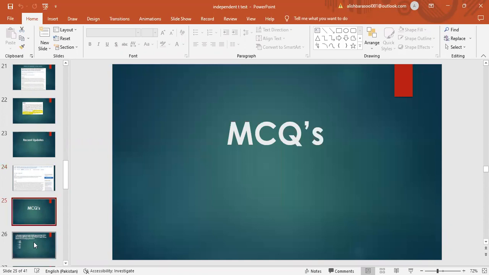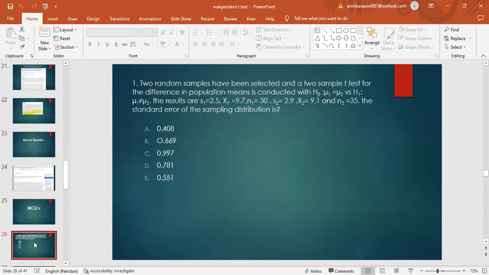MCQs. Two random samples have been selected and a two-sample t-test for the difference in population means is conducted with the null hypothesis mu1 equals mu2 versus the alternative hypothesis mu1 is not equal to mu2.